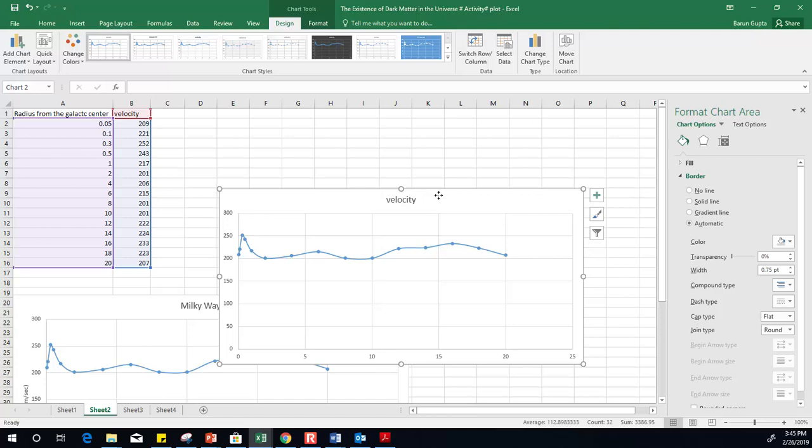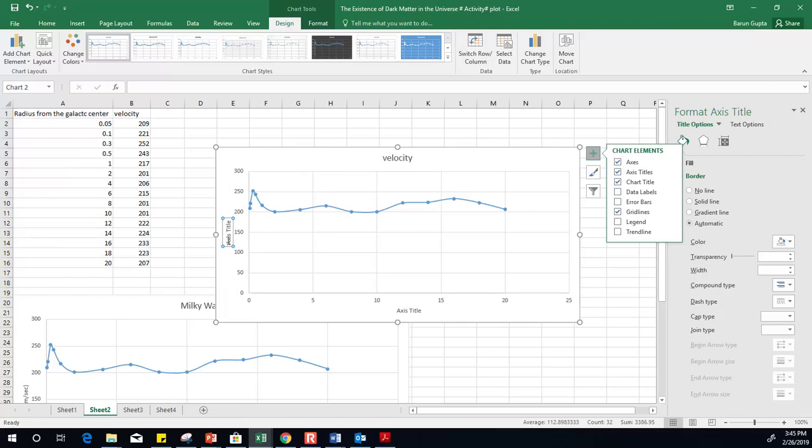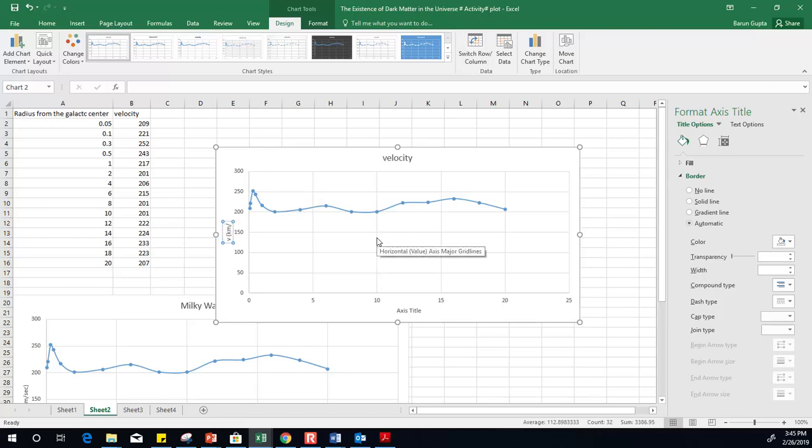This is the plot. Then go to chart elements, and you can put all the axis titles. This axis title is the velocity, and the unit is kilometer per second.